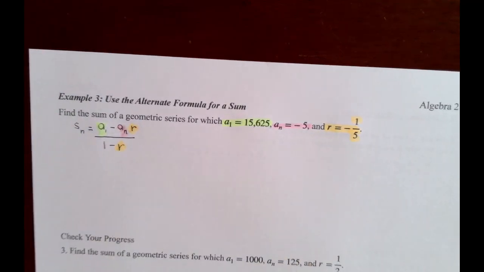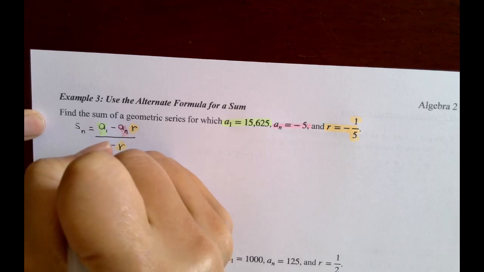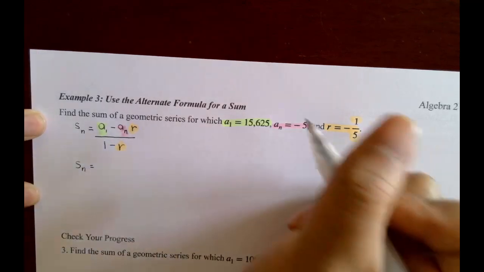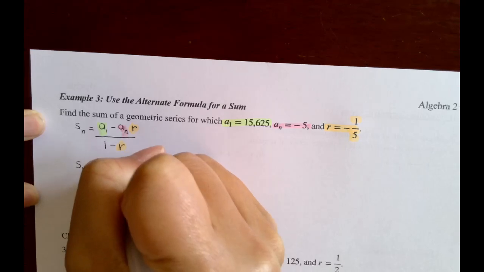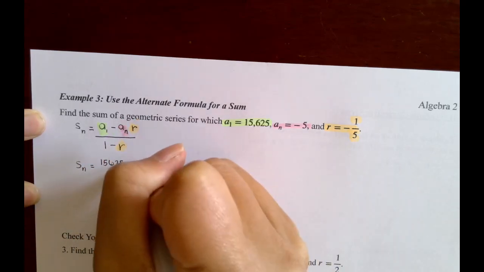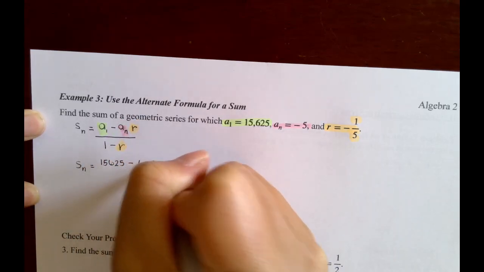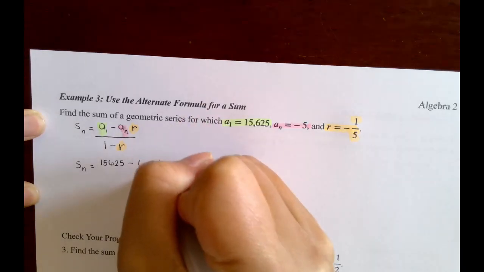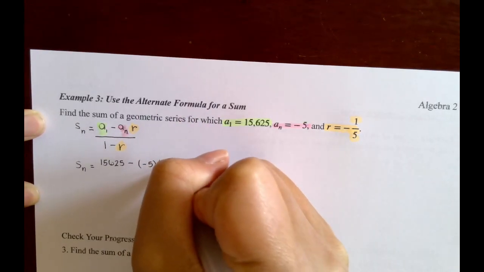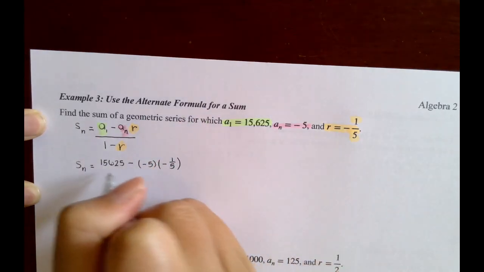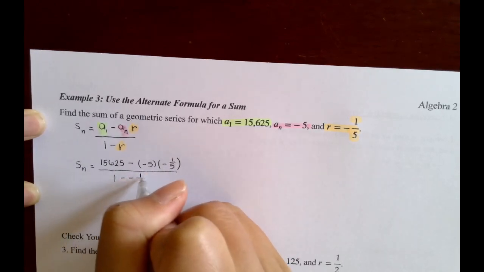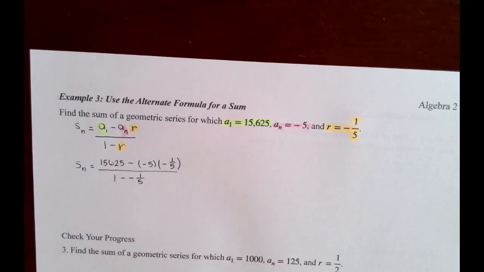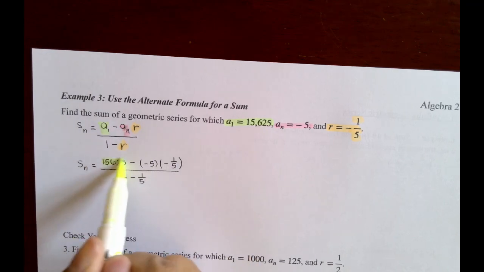So plugging in what we know, S sub n equals the first term, 15,625, minus our other term, negative 5, times the common ratio, which in this case is negative 1/5, all over 1 minus negative 1/5. So all I did is plug in.